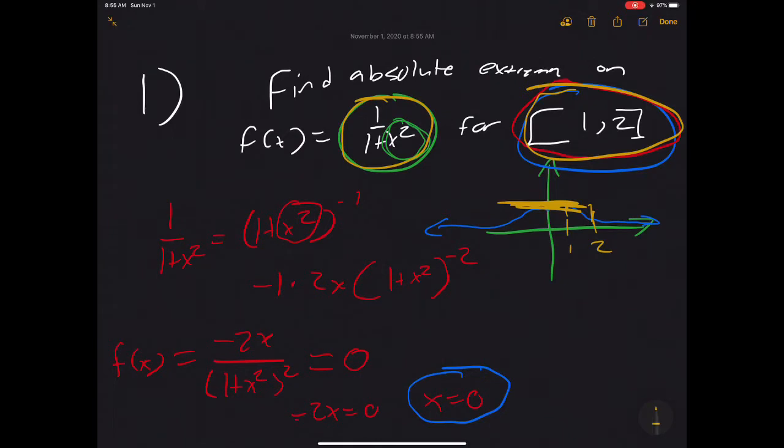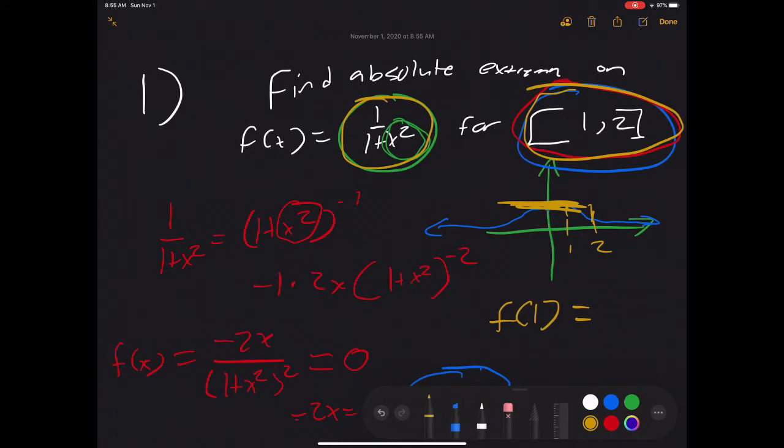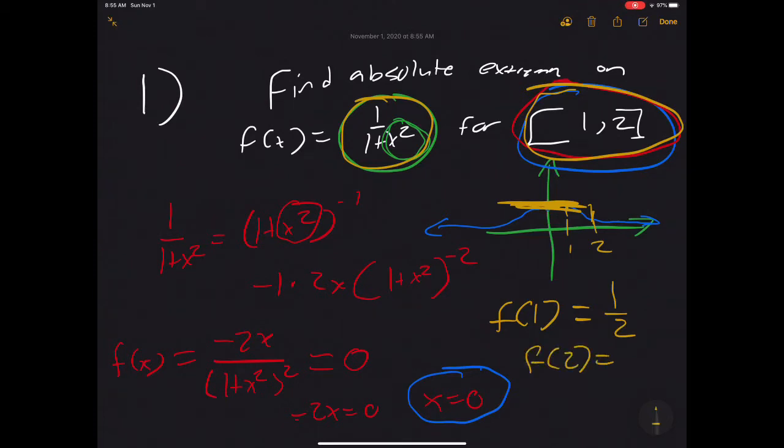So if I plug in 1, f of 1, I get 1 over 1 plus 1, which is a half. So at f of 1, y equals a half. And at f of 2, if I plug in 2, I get 1 over 1 plus 4, which is 1 over 5.